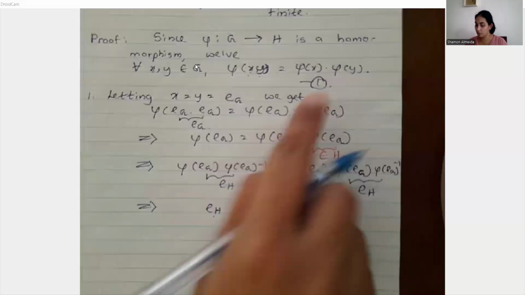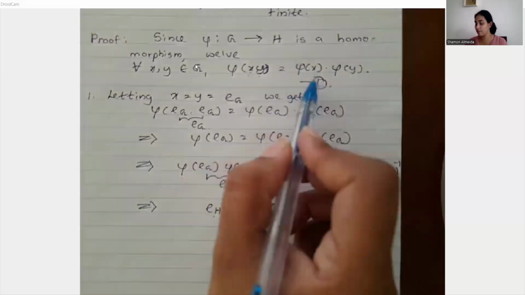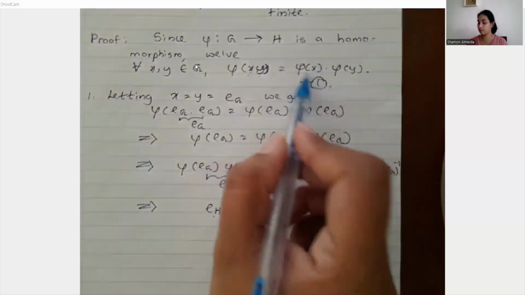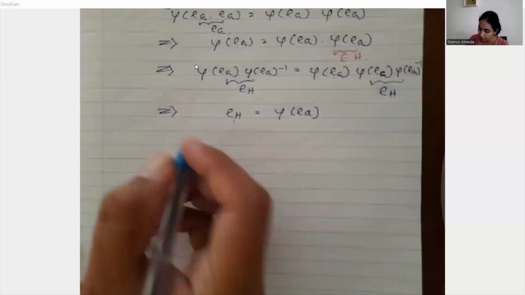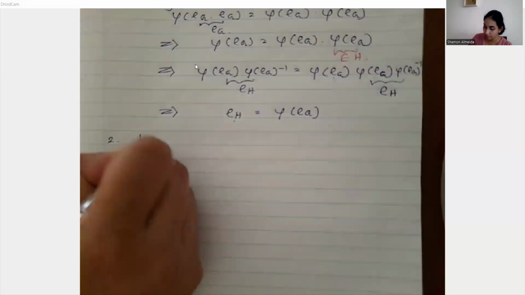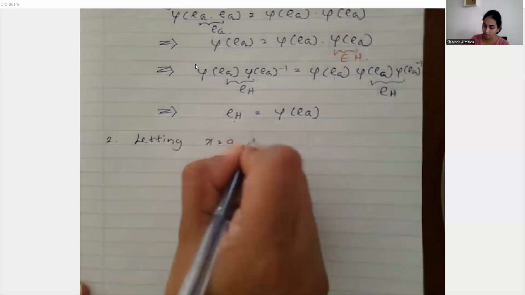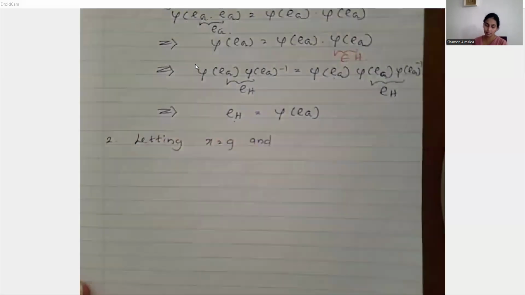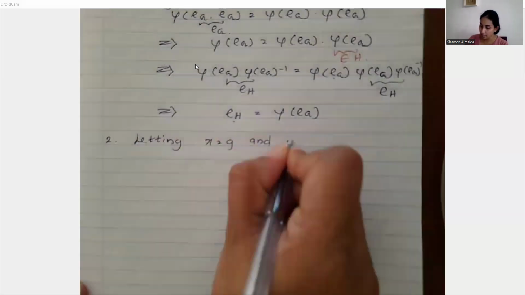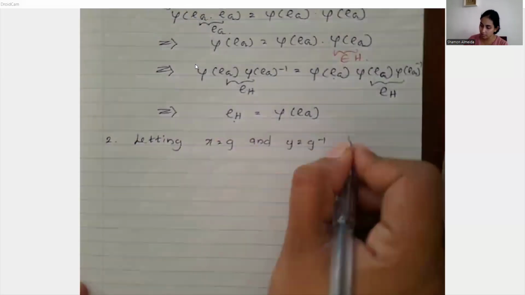Okay. And then over here we have, right, let us take in 1, letting x equals g, for some element g in G, and y equals g inverse.